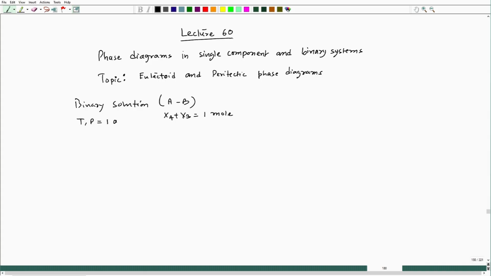Pressure is always kept at 1 atmosphere, and remember why we are keeping pressure at 1 atmosphere. Till now, when we started discussing binary systems, we started discussing on the basis of solid and liquid solutions, and we got eutectic. Now, in case of eutectoid, we have considered solid solutions.